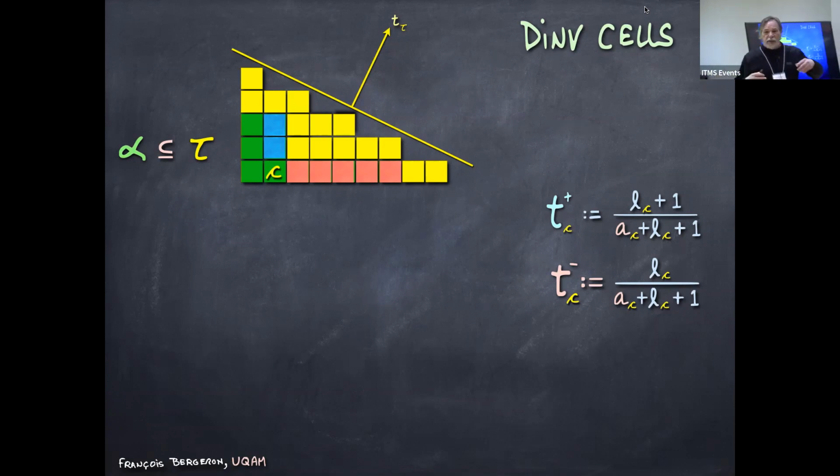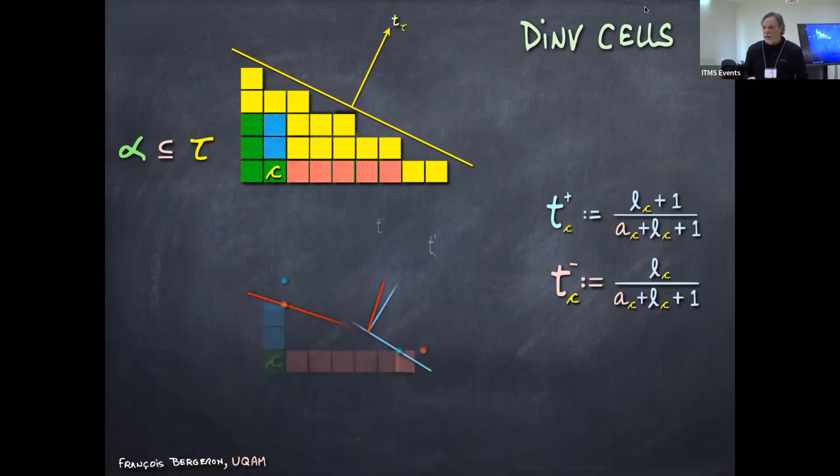If the slope of this triangle is compatible with the big triangle, then it's a good cell. So you compare how similar the triangle that corresponds to the hook and leg of C inside alpha is to the big yellow thing. If it is, it's going to be a DINV cell.